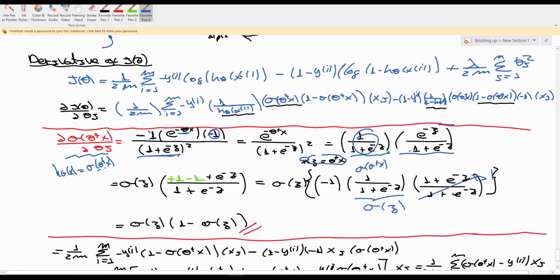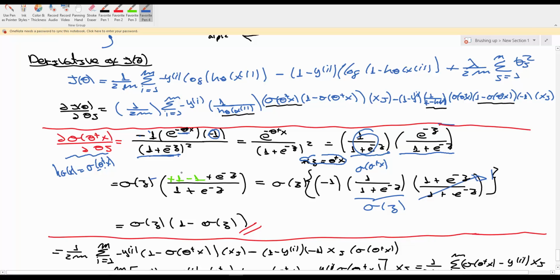This is the sigmoid function in the very basic form, and what we can do right over here is add +1 and subtract 1. From this we can do a very similar trick. We keep the sigmoid function, and the next thing is that we separate this -1 over the 1 plus e to the minus theta, and this is going to be another sigmoid function in the basic form.